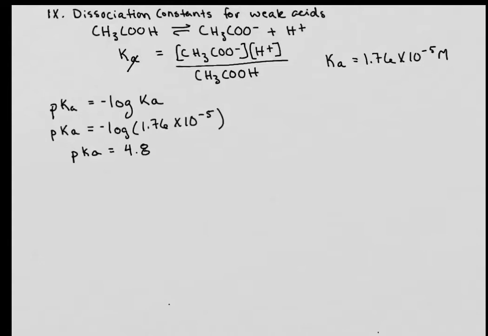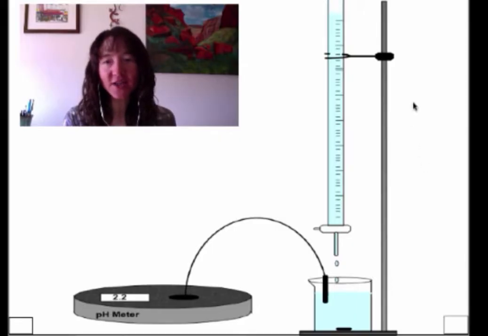Well, I mentioned that these are experimentally determined, and so if we're looking at a weak acid, what we recognize is that its likelihood of giving up its acidic proton is going to be very much dictated by the pH of the solution. So these values are experimentally determined by titration experiments in which strong base is added to the solution of weak acid, and the more base that is present, the more acidic proton is going to be given up.